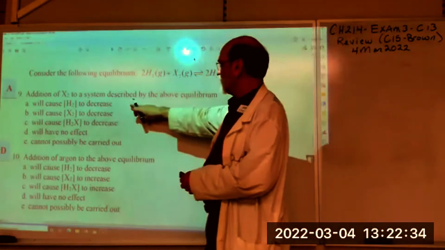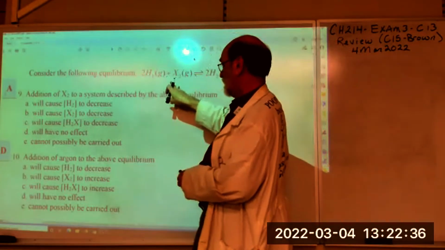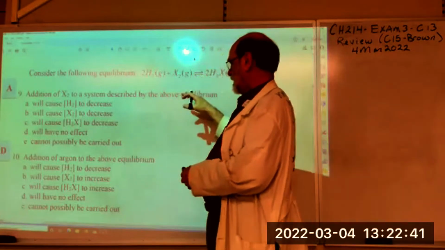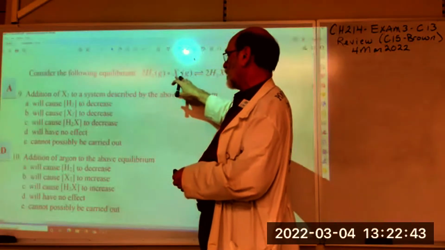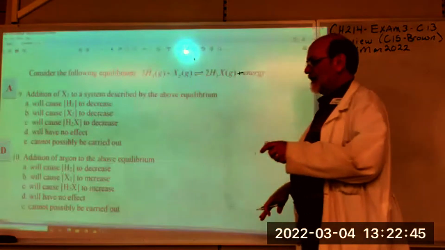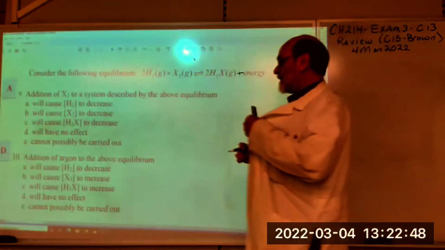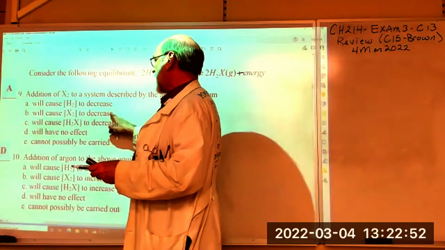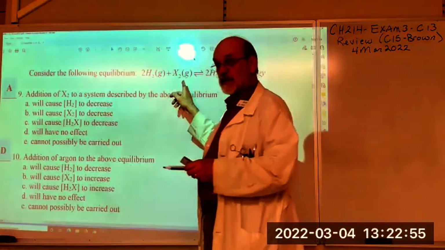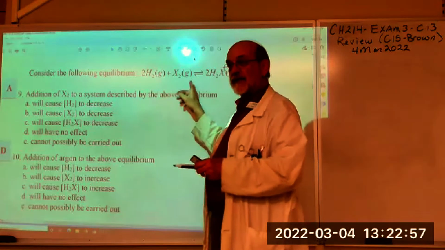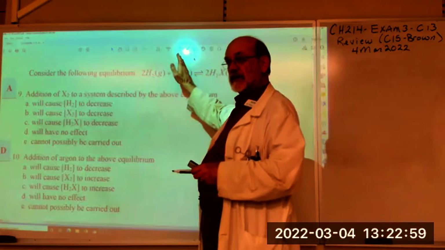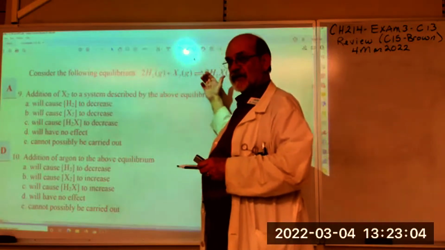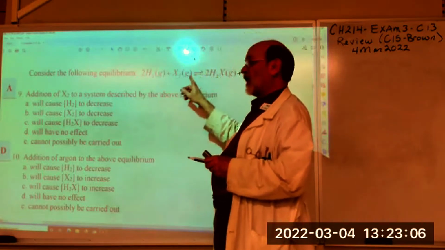It will cause H2 to decrease. Yep. If you add X2, it's going to consume some of that until we reach equilibrium again. X2, it will cause X2 to decrease. Actually, X2 will increase at equilibrium. What happens when you add more X2 is that it consumes some of it to reach equilibrium, but it doesn't consume all of it.